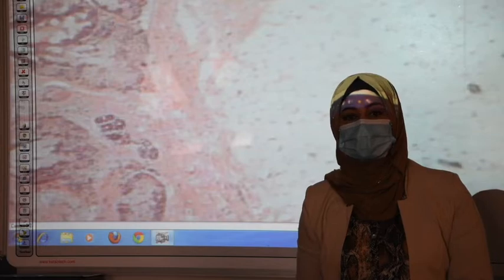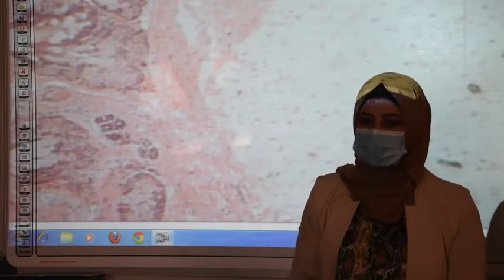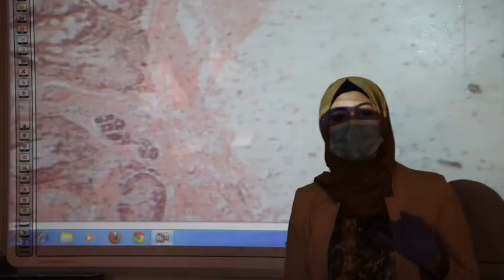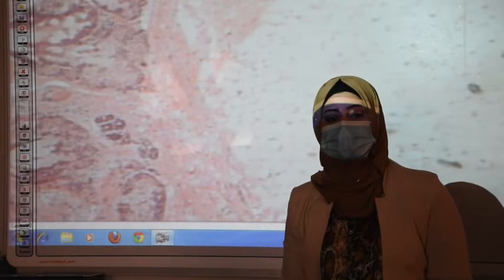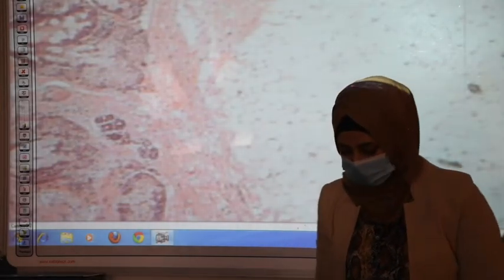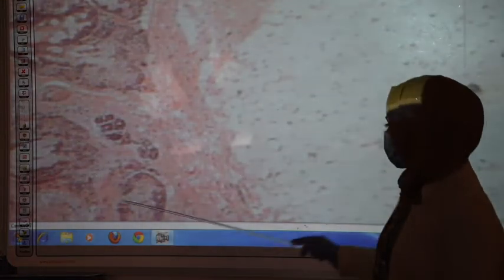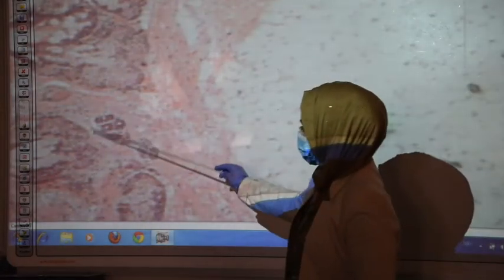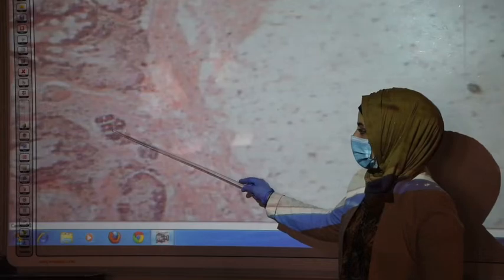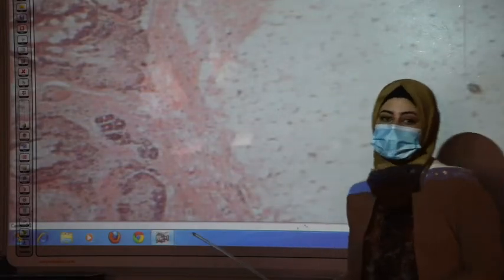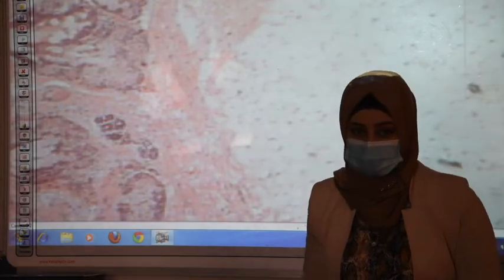Depending on their secretion, the dark cell secretes a viscous or mucous secretion, while the clear cell secretes the watery secretion. Okay. Also, we can see many myoepithelial cells surrounding the secretory portion.